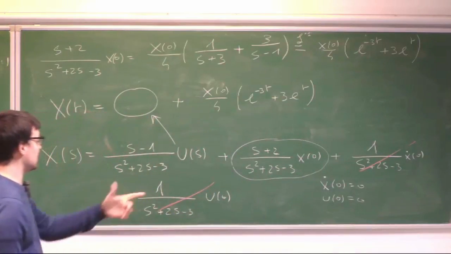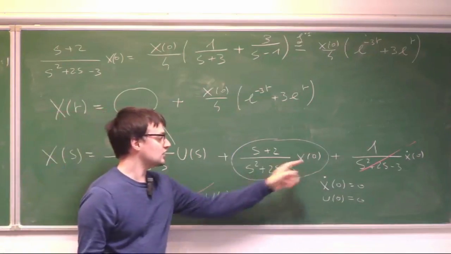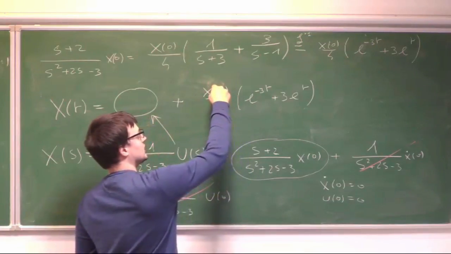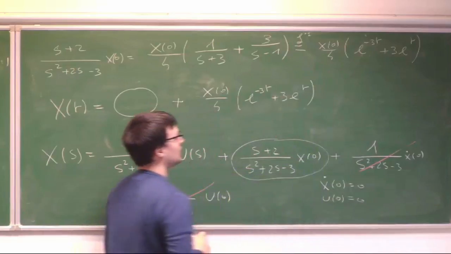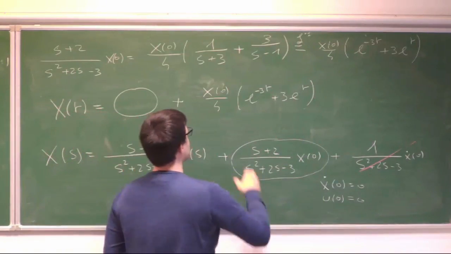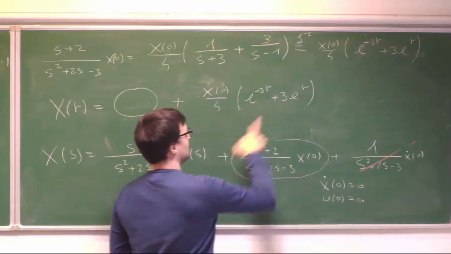For instance, in this case, for the transfer function between the state and the initial condition. And what happens is that if the initial condition is different from 0, you see that we have an exponential that is diverging. So this system is actually unstable, okay, because for every initial condition that is different from 0, we have this term here.